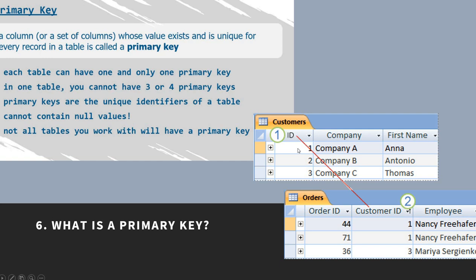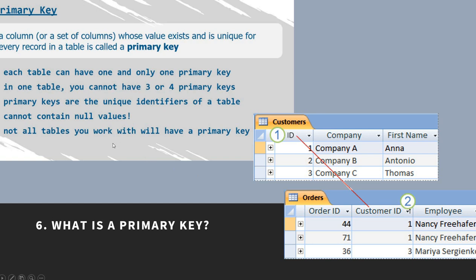Each table can have only one primary key. In one table, you cannot have 3 or 4 primary keys. Primary keys are unique identifiers of a table. It cannot contain null values.